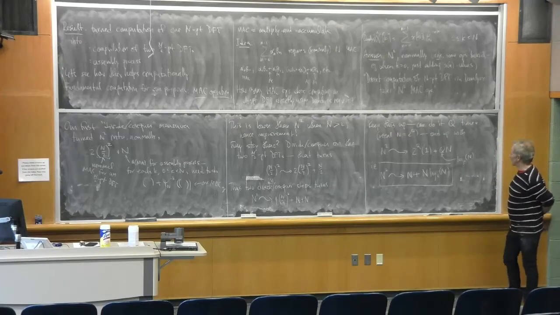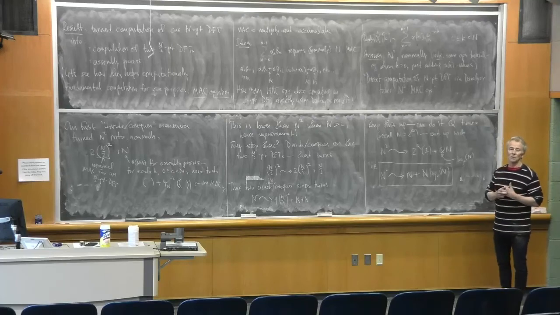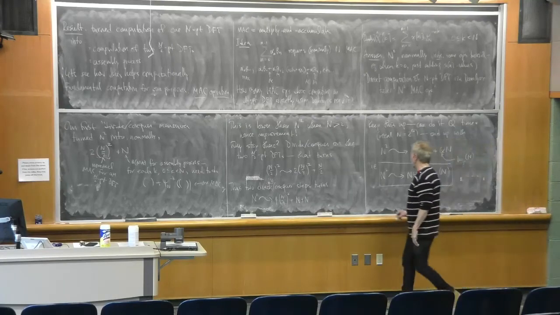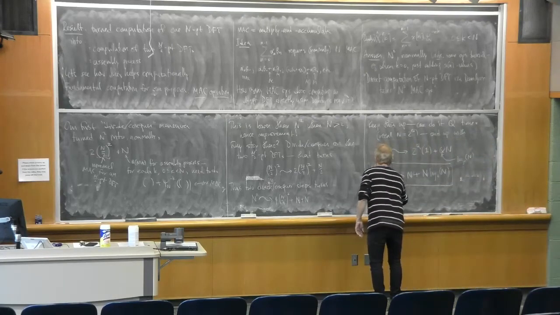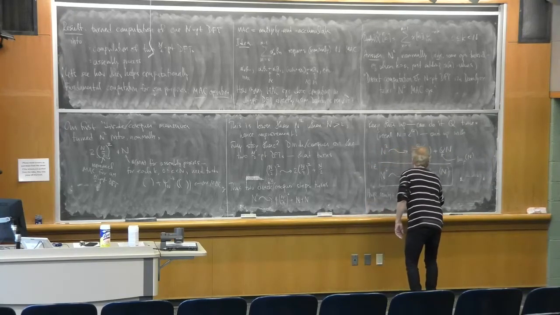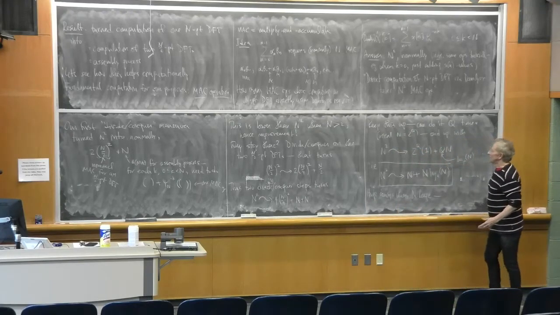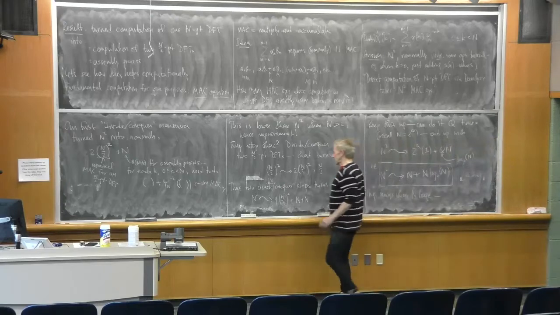But you may say, okay, is that really better? Well, yeah, it's a lot better when n gets large. So this is a huge savings when n is large. For example, say n is 1024.